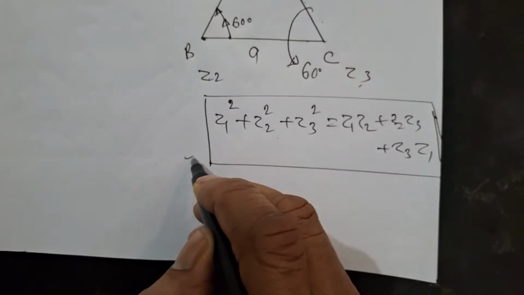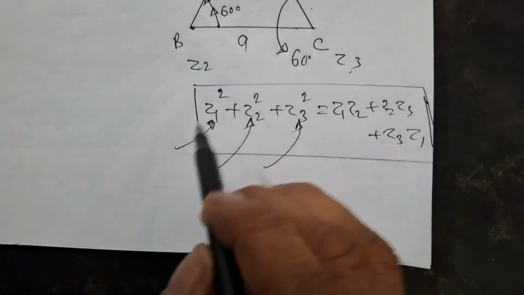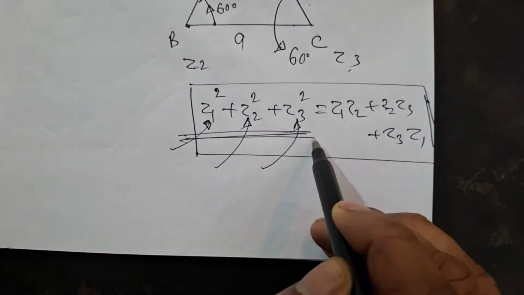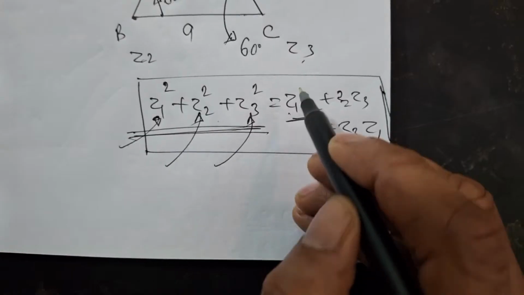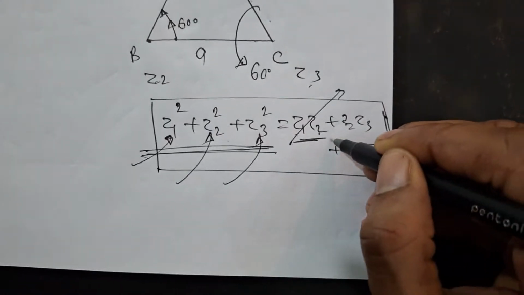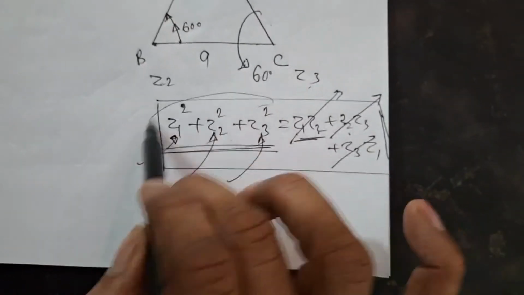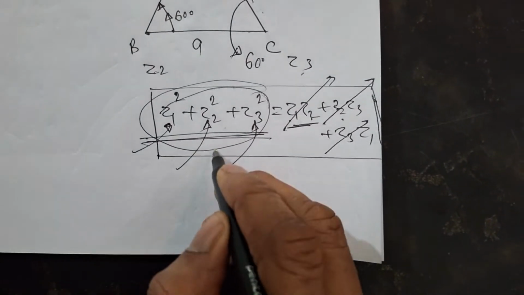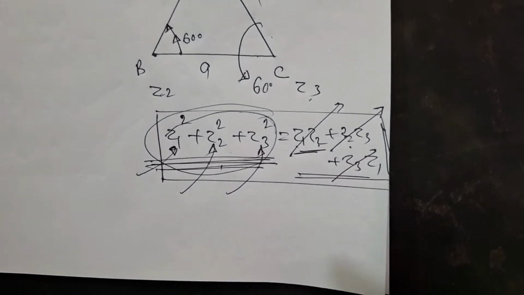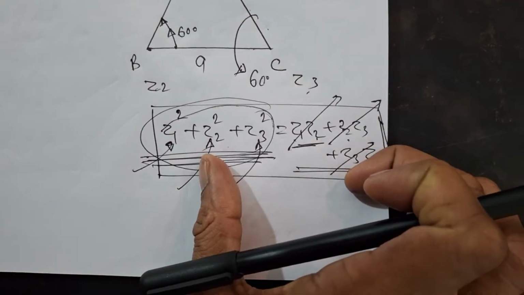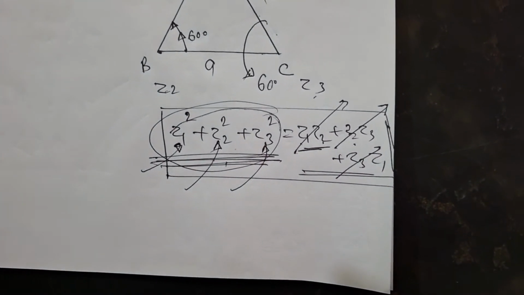The left side is in complex form, and complex times complex won't be real. The right side is also in complex number form. You need to prove these results, and these results are valid for the equilateral triangle case.